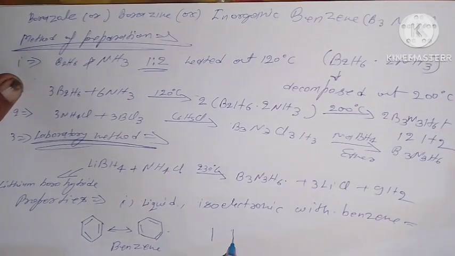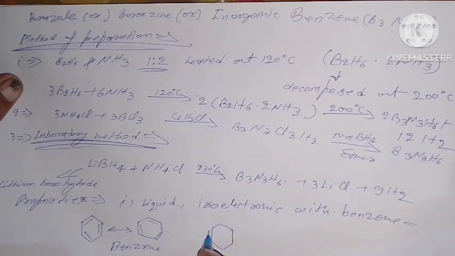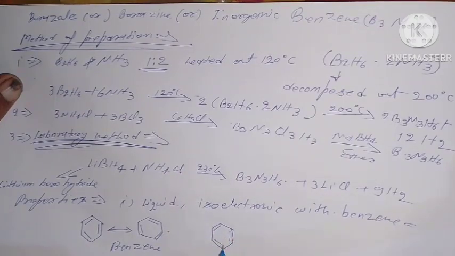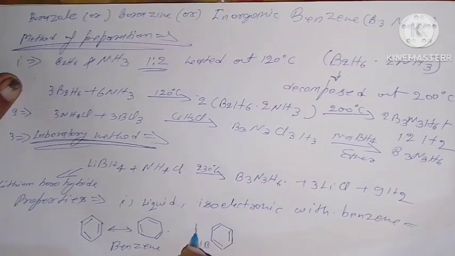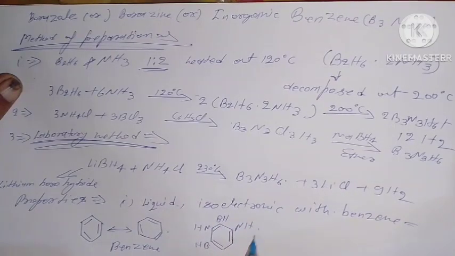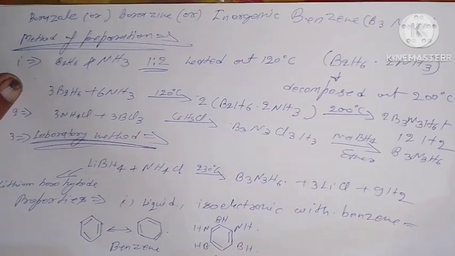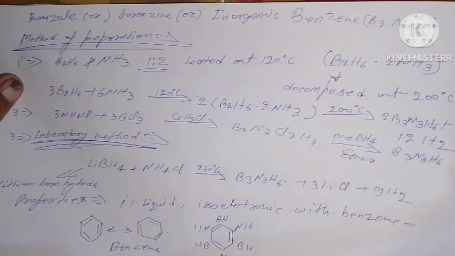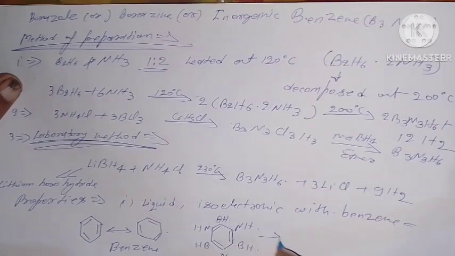Benzene has 1, 2, 3, 4, 5, 6 carbons. Similarly, HB, HN, BS, NS, BS, NS: this is inorganic benzene.